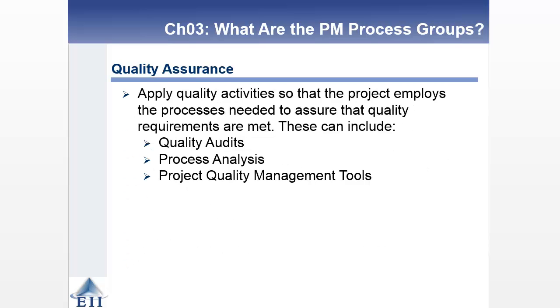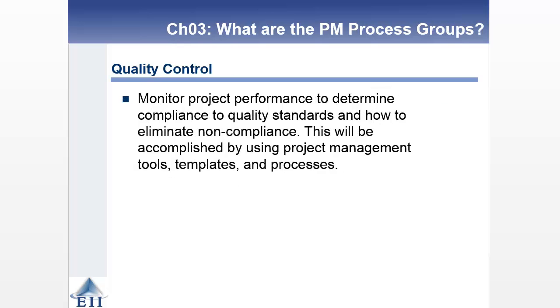When we get to quality assurance, what you're really trying to do is show compliance to the plan. All right? And there are a couple of different ways you can do that. There are 3 of them listed there, but you're really just trying to check and make sure that you have compliance to the actual plan. Whereas quality control, and this is a little bit of recursion, is monitoring of the project management monitoring process. Okay?